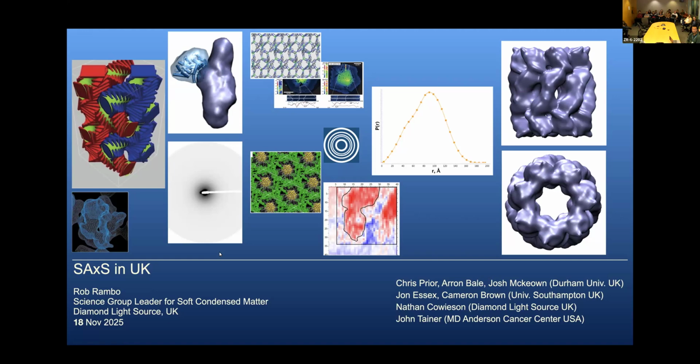He's a maths professor there, and John Essex, who's into molecular dynamics at Southampton. The PBS, the principal beamline scientist, of the SAXS beamline is Nathan Cowson, and John Tanner is also a big part of this talk that I put together about a year ago.